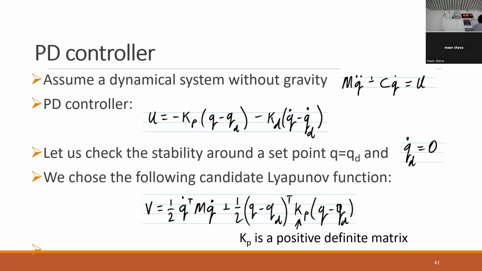So in one term, it may be stronger because we can prove the stability, but it is weaker than the PD plus inverse dynamics because it's only stability for a set point and not a stability for trajectory following.